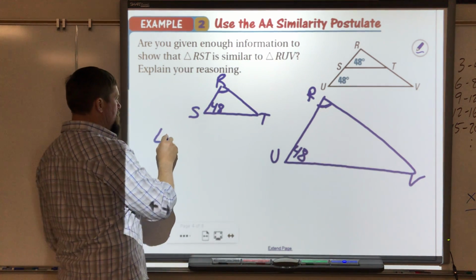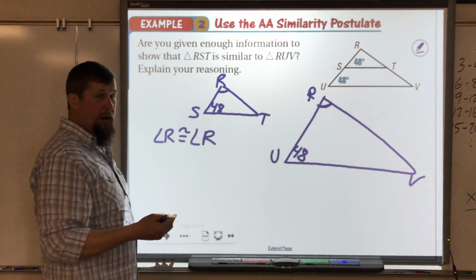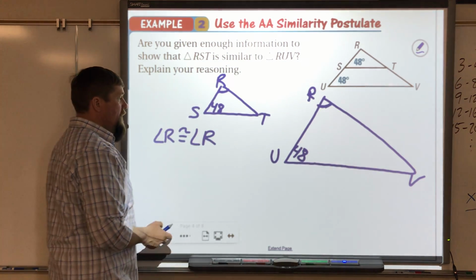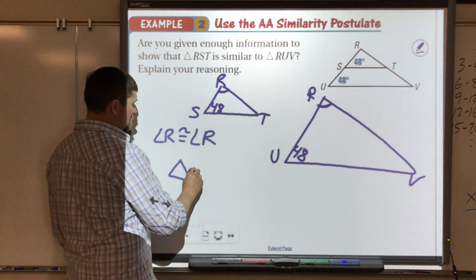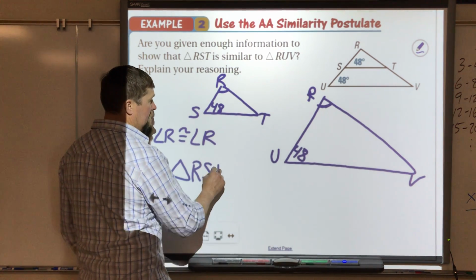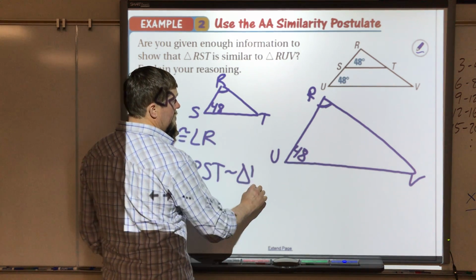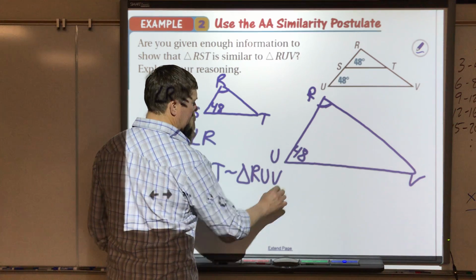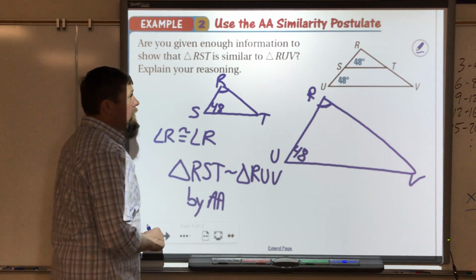because angle R is congruent to angle R by reflexive property. So I know that triangle RST is congruent, or similar, excuse me, to triangle RUV by the angle-angle postulate.